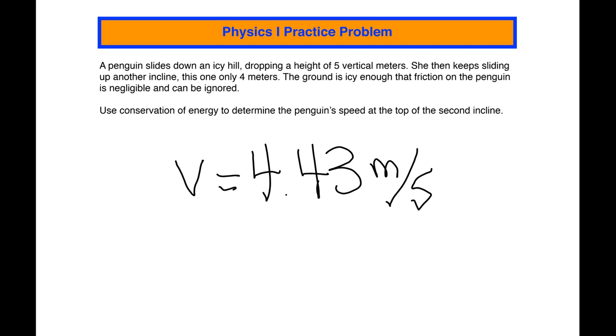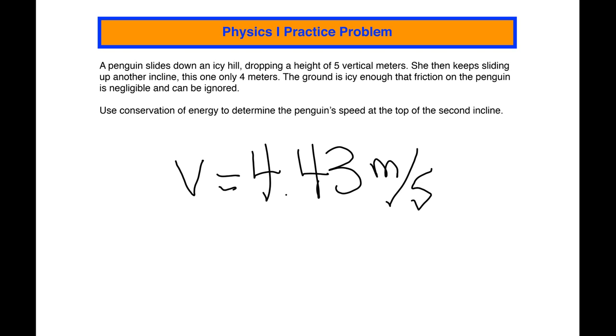And our work with conservation of energy tells us that the penguin's speed at the top of that second hill is 4.43 meters per second. To put it in more familiar terms, this is not quite 10 miles an hour. This is fairly quick, but not at all unreasonable. There's nothing there that signifies that we definitely made some sort of error, like as if we'd gotten a speed that was negative, or very, very small, or very, very big.